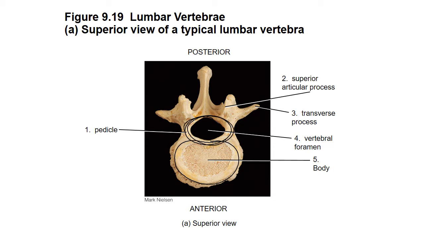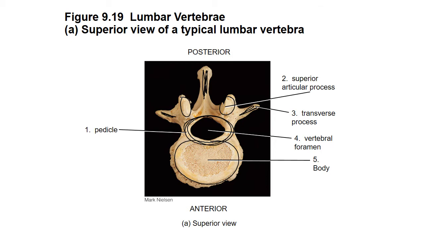But you still have all the nerves going down that are going to innervate your legs, so you have to send those all the way down to the bottom of the vertebral column. Transverse process here. Notice that the superior articular processes' aspect is more posterior, and you have the spinous process here. And we're going to look at a lateral view of that here in a second.